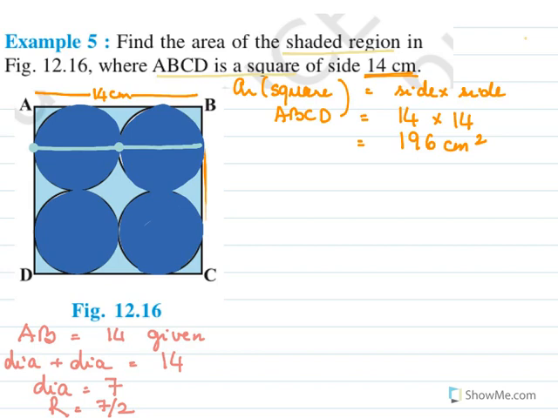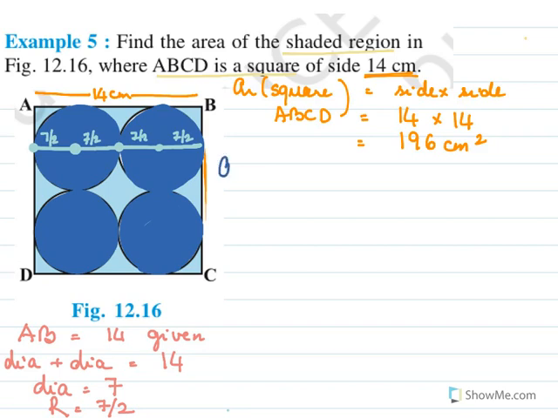That means this diameter we have taken as 7, and the radius here will be 7 by 2. This is the center, 7 by 2.